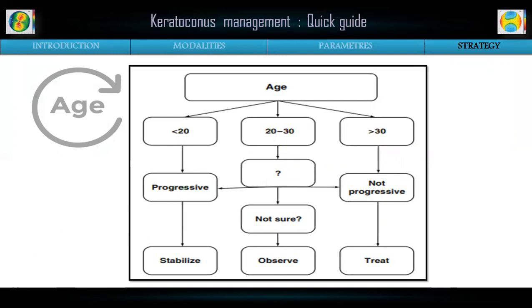And if it is more than 30, the progression is rare, we can suggest for the patient a treatment. If between 20 and 30, we are not sure for the progression, so we can observe and follow up the patient every 3 months or every 6 months.